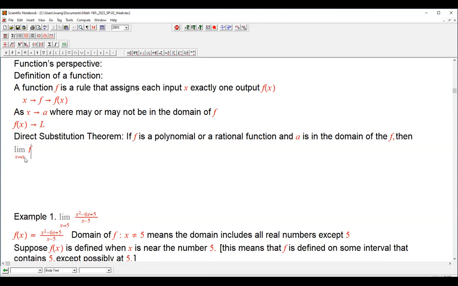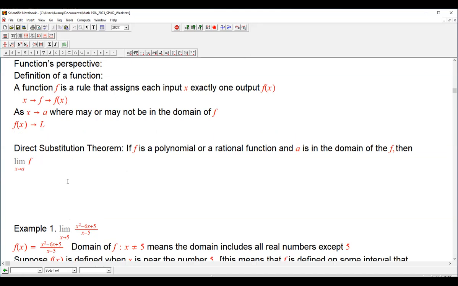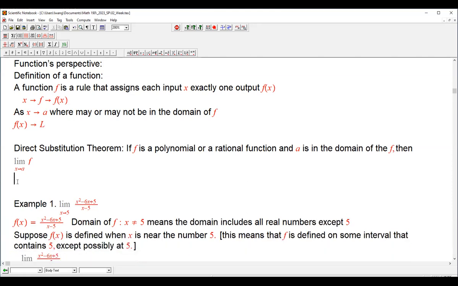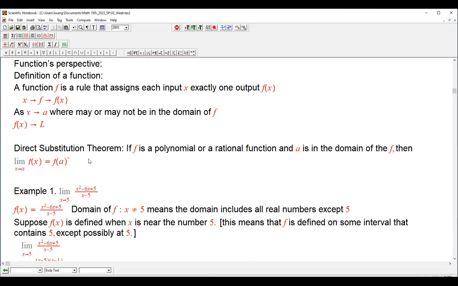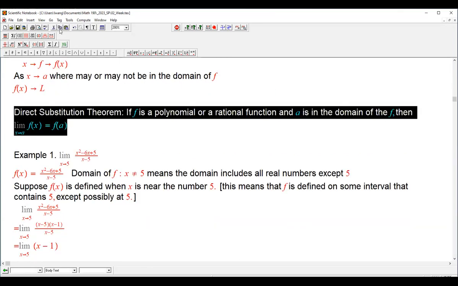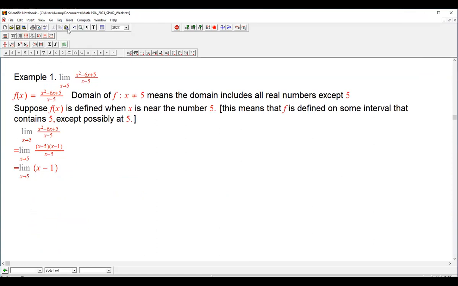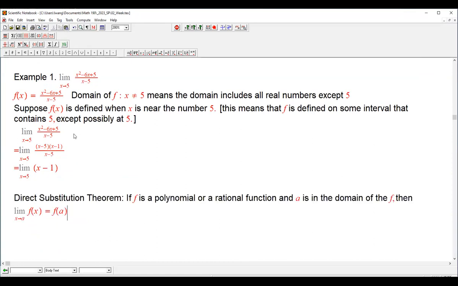In this theorem, even though they are both called A, in the definition of limit and in the direct substitution theorem, this A must be in the domain of f. If that is true, then we can directly substitute A in the function. Now, we can apply this theorem to our situation right here.